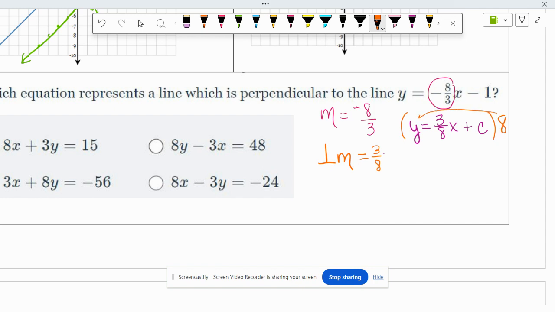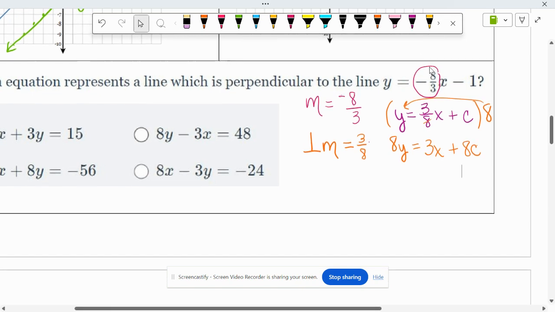So let's see. 8 times y is 8y. 3/8 times 8, well, these cancel out, equals 3x. And 8 times my constant is just 8 times my constant. Okay, so now what?